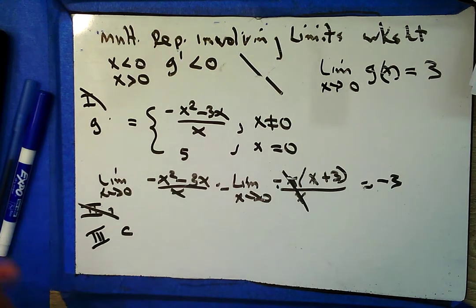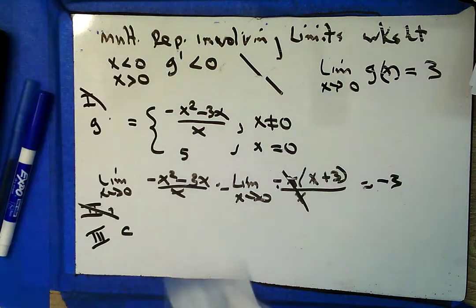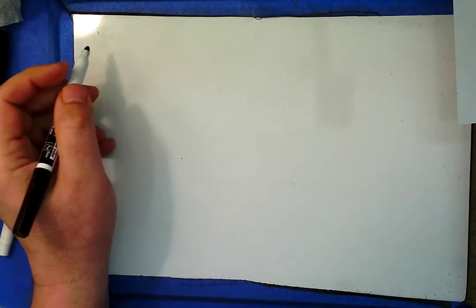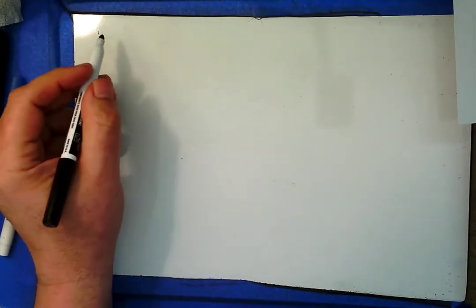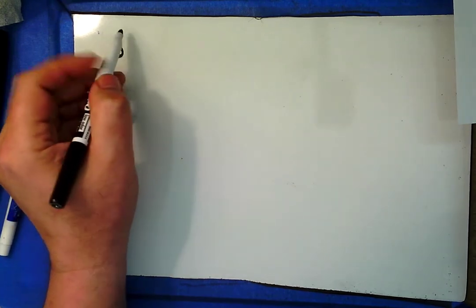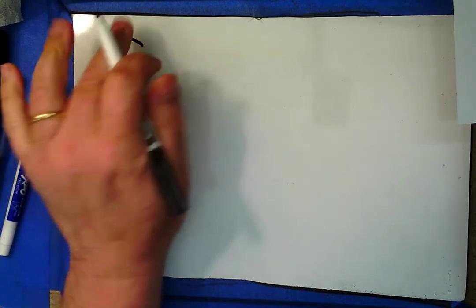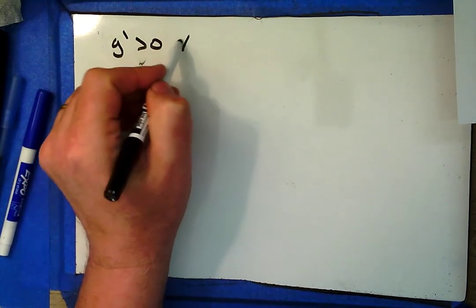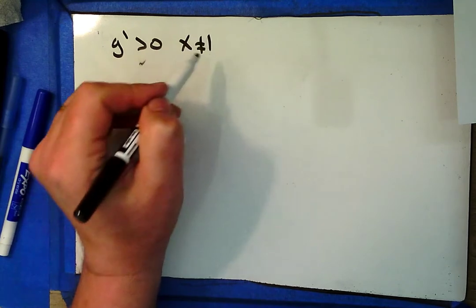So let's take a look then at question 3. The next page says, it's much like this last one. Increasing and increasing. So we know that g prime is greater than 0 for x not equal to 1.